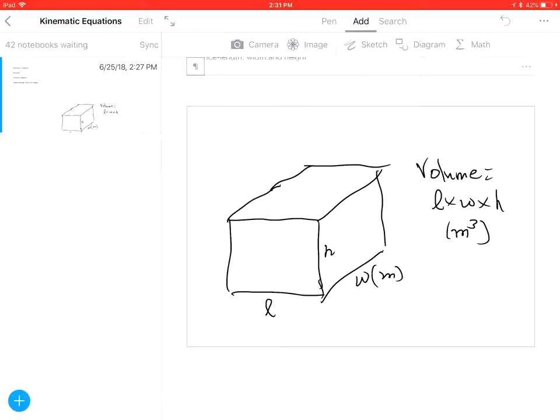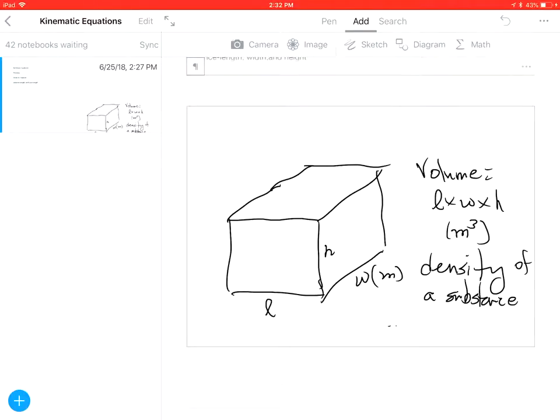That means meters to the third power. Now if we have volume, and then if you want to throw something like density into this mix, the density of a substance, then you'll end up with mass.